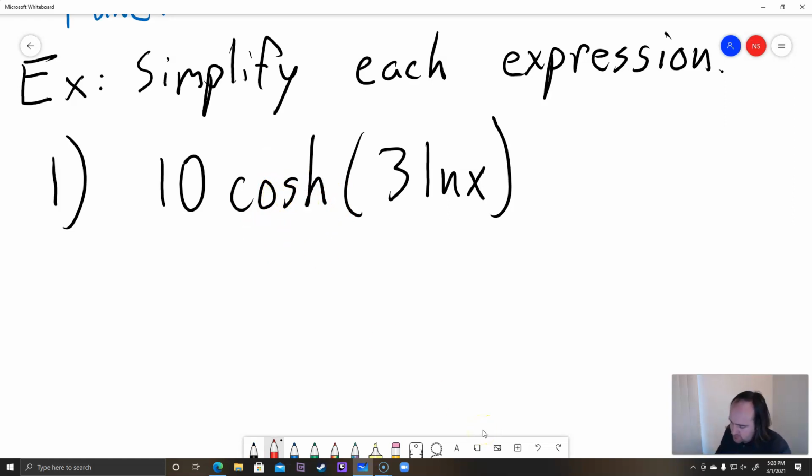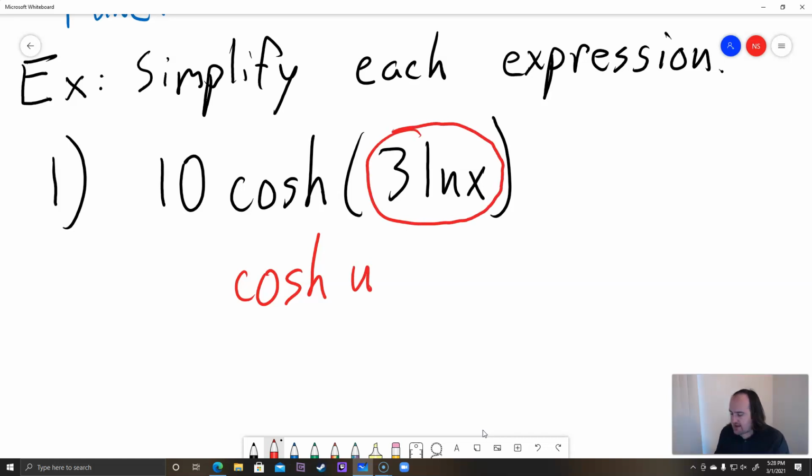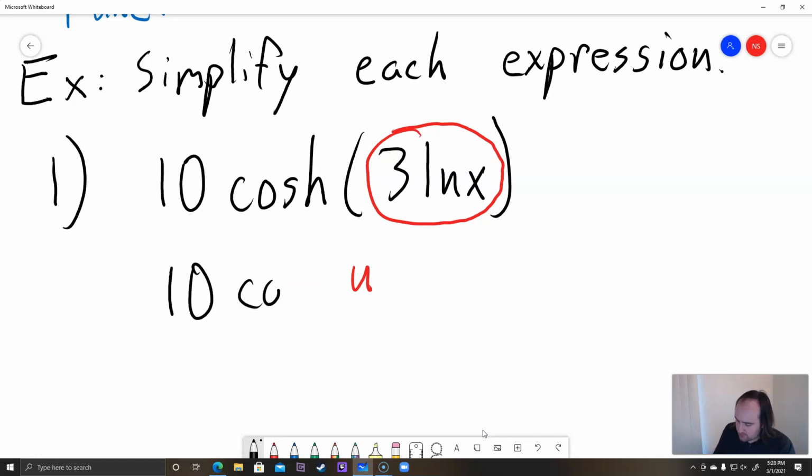Okay? So here you can think of this really as cosh of u, where u is actually going to be 3 ln of x. Maybe that helps a little bit. This is 10 times cosh of u, where u is just 3 ln of x.